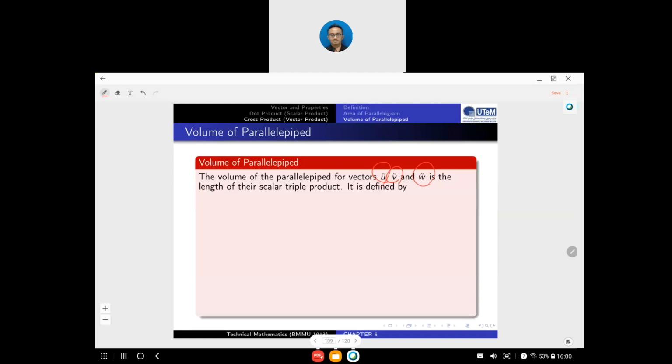Okay. So for this one, we get the area of the base times the height. The area of the base is equal to the magnitude of V cross W. When you simplify this one, we get the magnitude of vector U dot V cross W, with the magnitude on the outside.